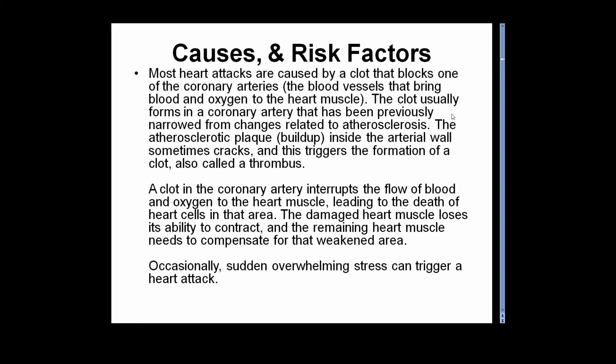The damaged heart muscle loses its ability to contract, and the remaining heart muscle needs to compensate for that weakened area. Occasionally, sudden overwhelming stress can trigger a heart attack.